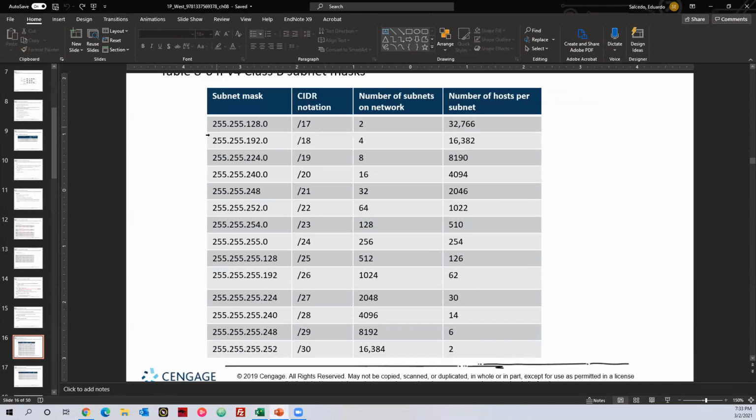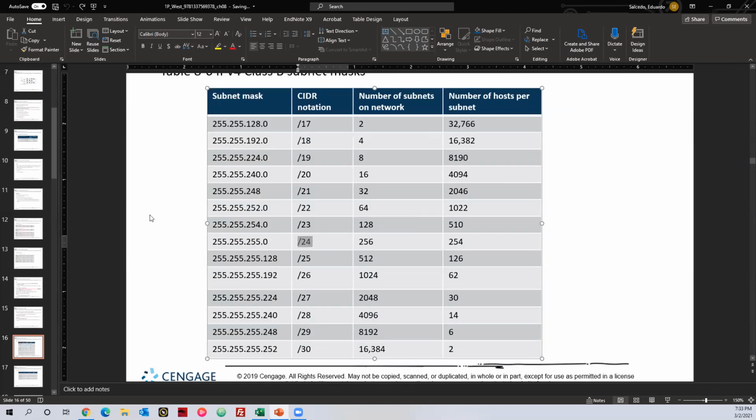Look at this chart on slide 15, I think, on yours. Your regular subnet mask. Your regular IP address is /24. The subnet mask will be 255.255.255.0.